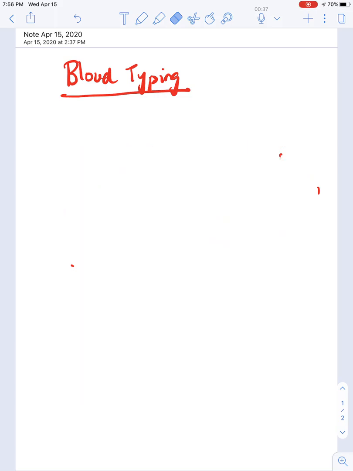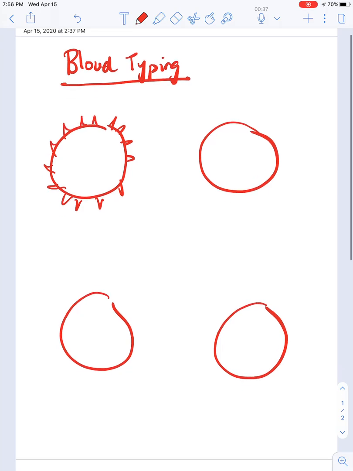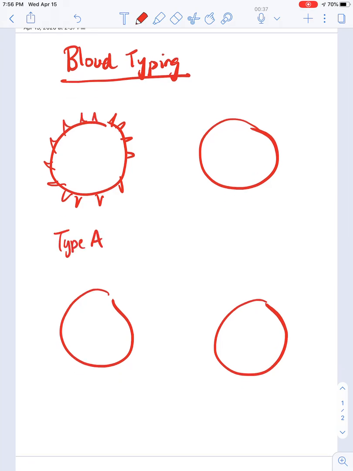All right, so let's just get rid of all of this. There are 4 different types, right? So you could be type A, and your red blood cells would have this. Let's say type A blood looks like this, and let's say this is type B blood.